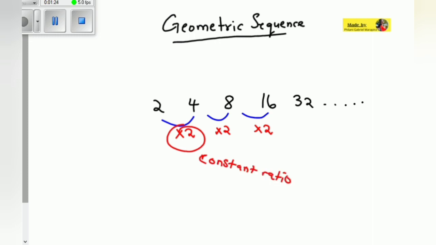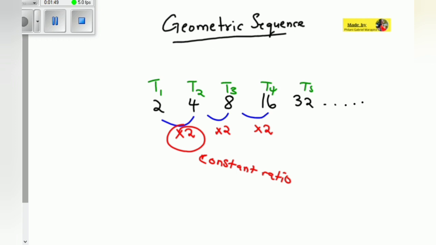We could keep on multiplying by 2 until we reach term number 1000 or wherever the terms go, but we need a general formula that can help us get bigger terms. This is your term 1, this is term 2, term 3, term 4, term 5, and so forth.